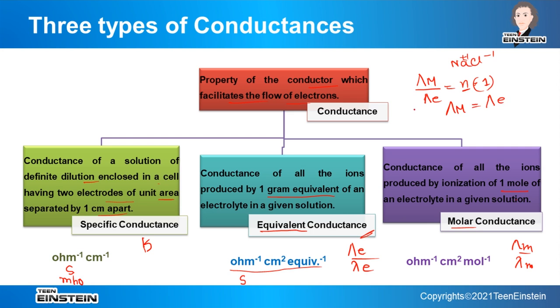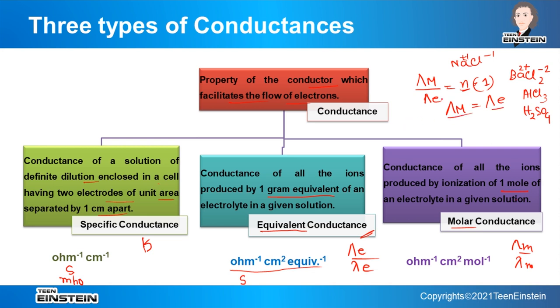These two will be different only for some special cases where the equivalent amount and mole amount are not the same. So for example AlCl3 or H2SO4 or barium chloride, all these are examples. Here the charge is 2 plus, and the total negative charge is 2 minus. AlCl3 we have seen already, and it is also true for H2SO4. So in this case these two will not be the same.